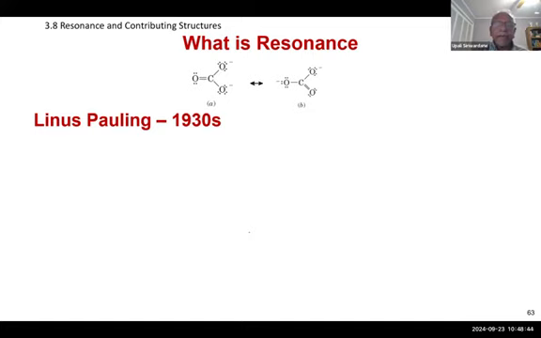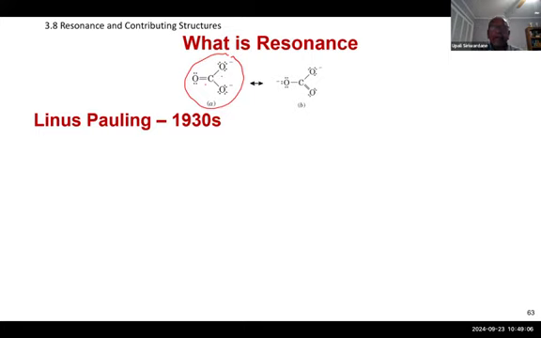Now, if you look at this molecule, he wrote the Lewis structure for carbonate ion. When you look at the Lewis structure, he found out this carbonate ion has a double bond in one carbon-oxygen bond. This is a double bond here, but single bond elsewhere.